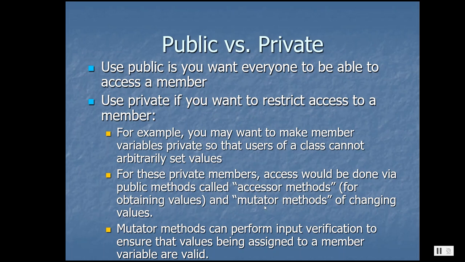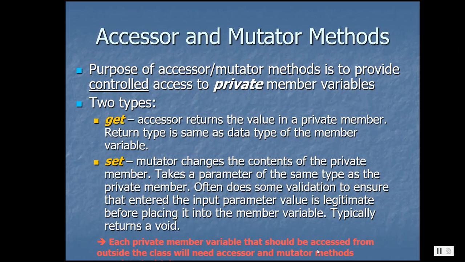And a Mutator method typically begins with the word set, and it's going to take an argument, which is the intended value, and ensure that it's legitimate and only put legitimate values into the member variable. So in a sense, they're doing input verification in the same way that we did domain constraints in database. They're called the getters and the setters, and these will be public.